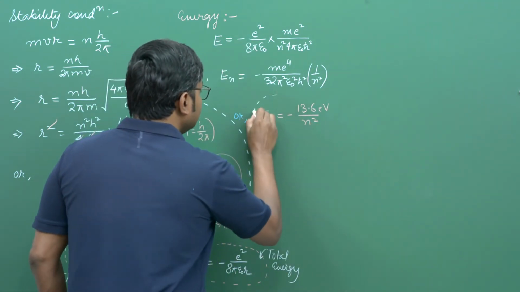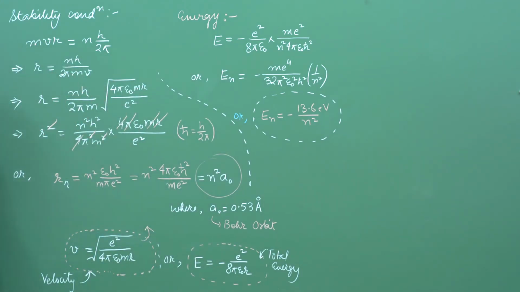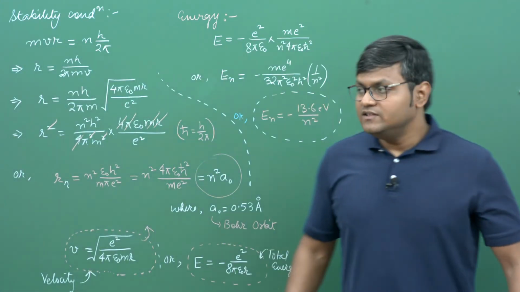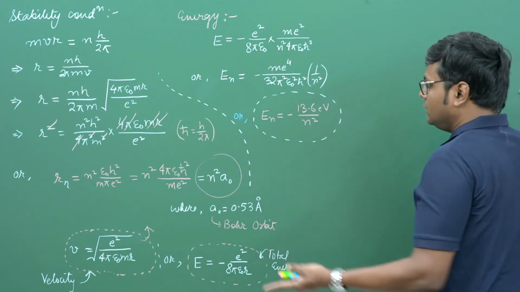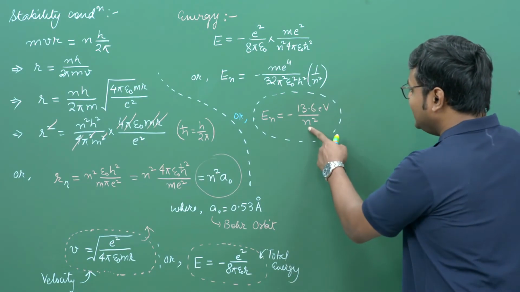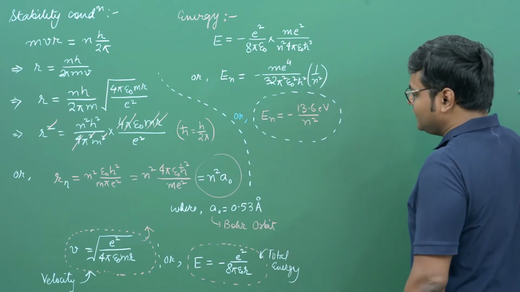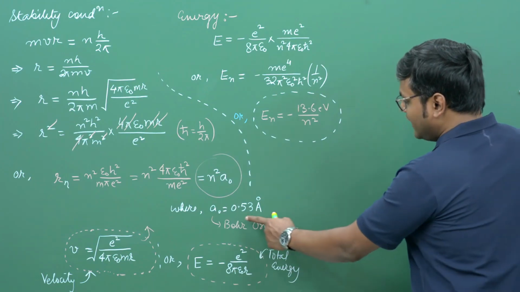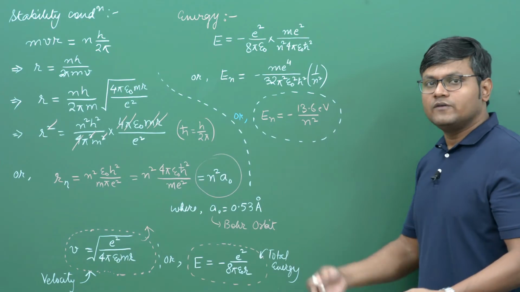So this is the expression for the energy of the stationary orbits in the Bohr's model of the atom. And this corresponds to the correct result: for n is equal to 1, you get the ground state energy, which is minus 13.6 electron volt for an orbit having a radius of 0.53 angstrom. Similarly, you can calculate the other orbits also.